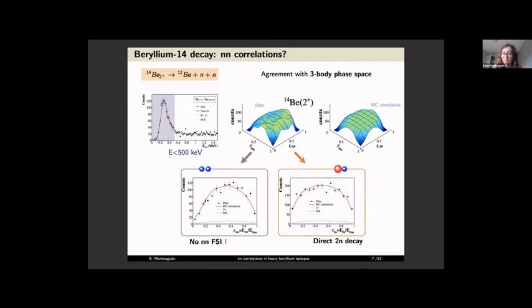But the simulation for the three-body phase space is also taking into account the crosstalk rejection filter that we use. So I think we need a better neutron resolution to really be able to say something about this. This could be the crosstalk, or this could come from the structure of beryllium 14.